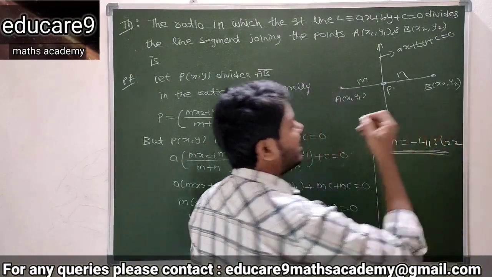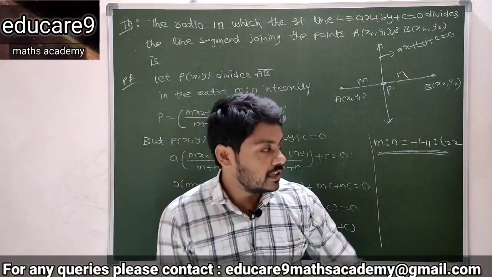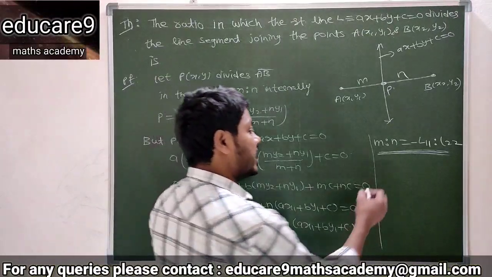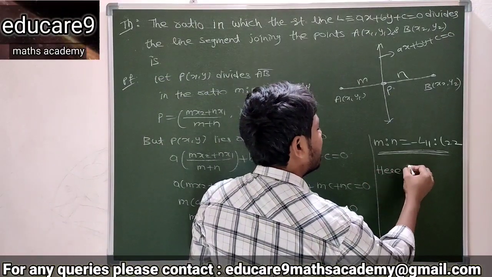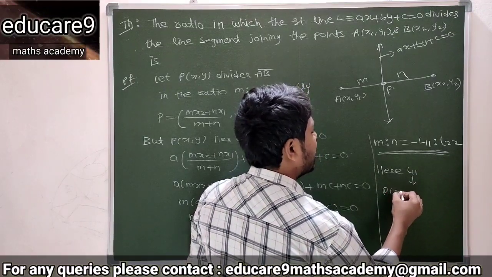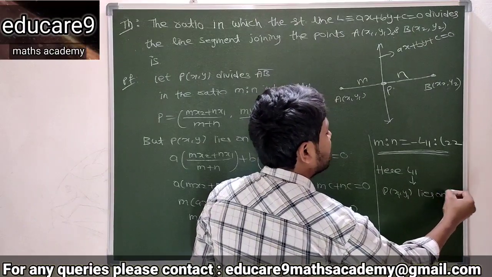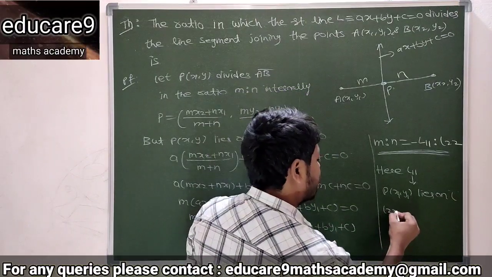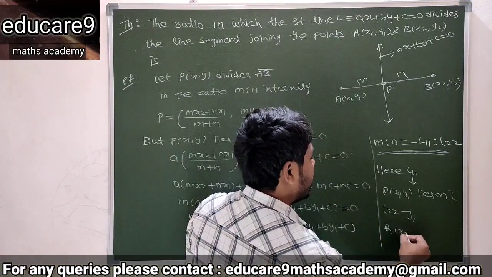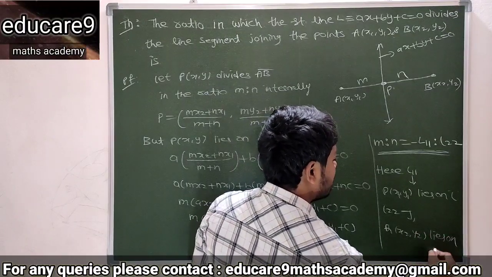So this is the required ratio: if any line divides the line segment AB, the ratio is minus L11 is to L22. Here L11 means P(x1, y1) lies on L, and L22 means Q(x2, y2) lies on L.